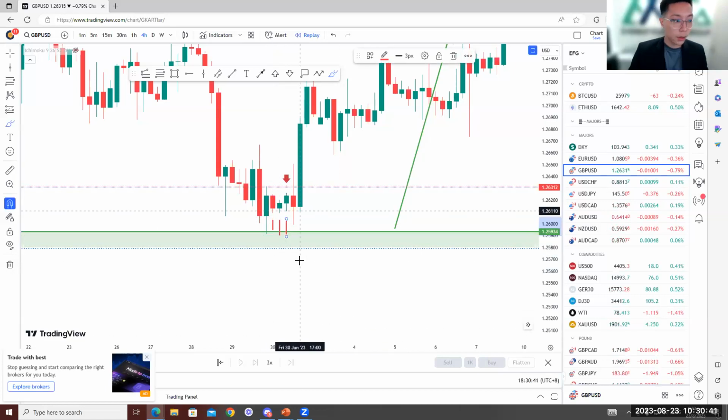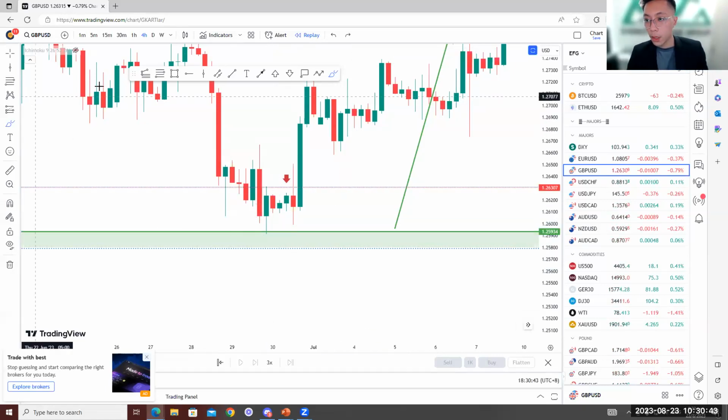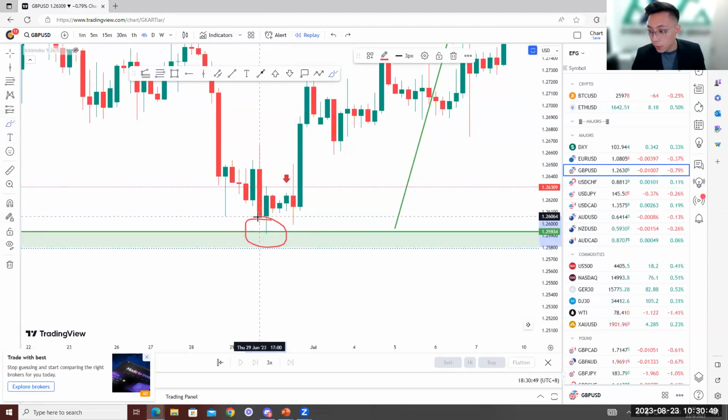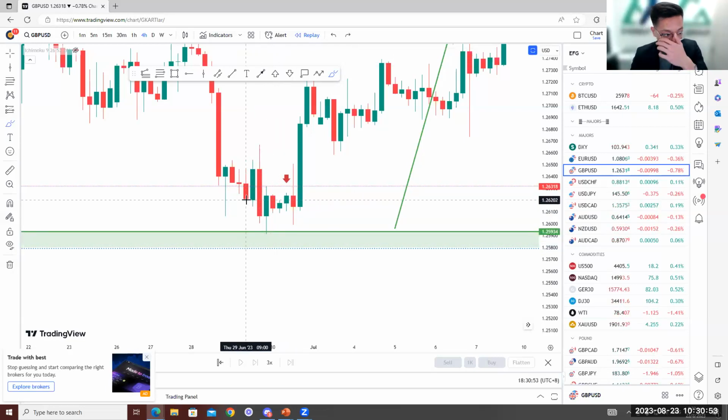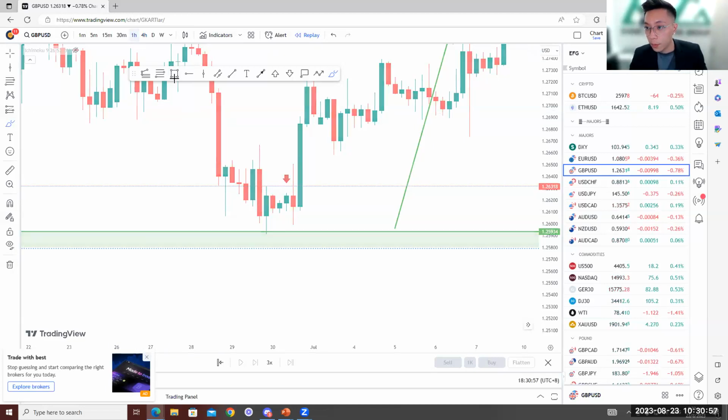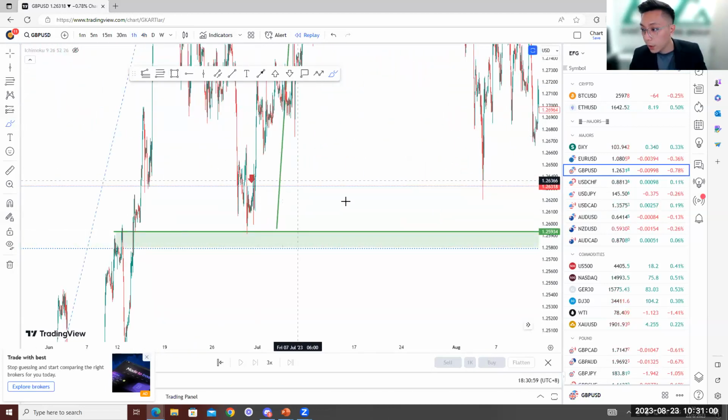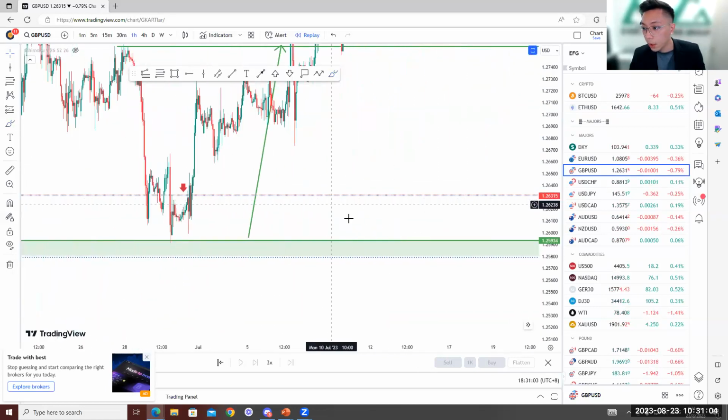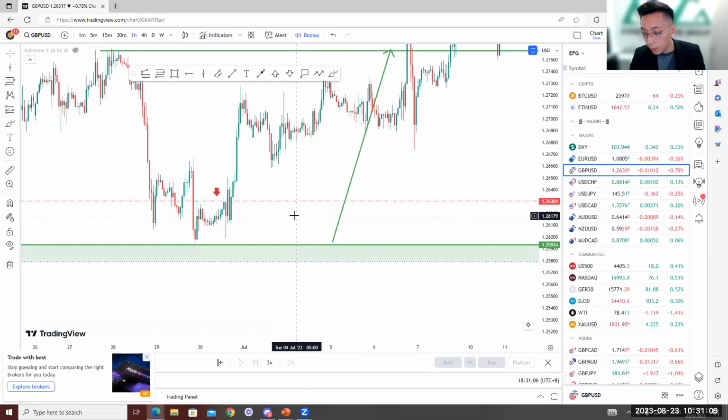From here, I wouldn't hesitate because of my key level, I know that price has already once rejected this area, right? So I know that price will not be able to break past this because I'm on the H4 time frame. Let's see if we can find anything on the H1 time frame. Usually my entries will be on the lower time frame. So just remember that.